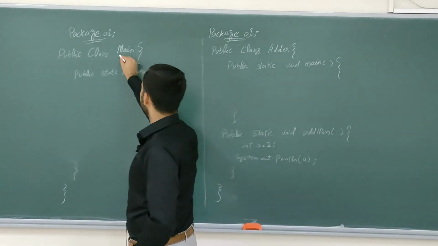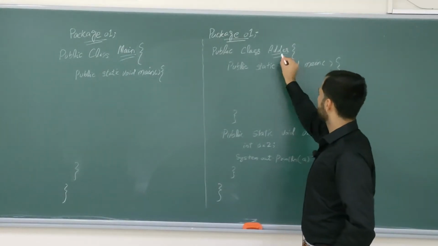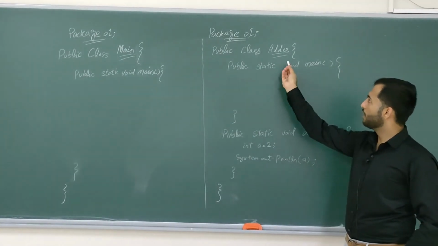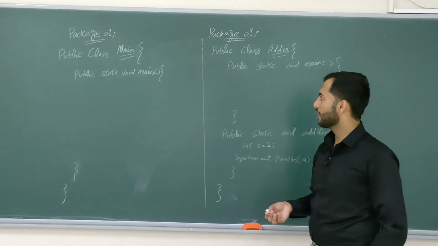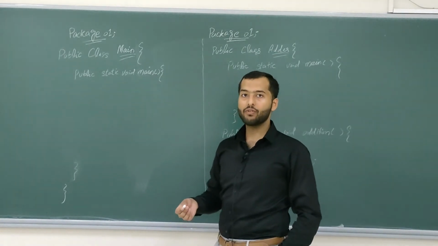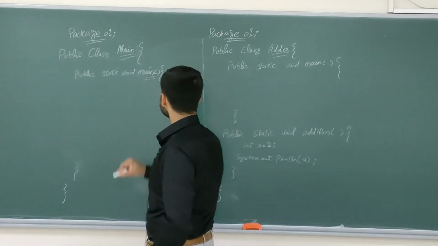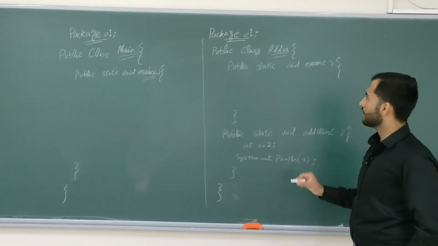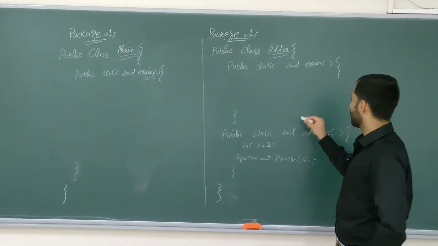One is the main class, and one is the add class. Within this class we have a main method from which the execution will start, and in the second class I again have a main method from which the execution will start.